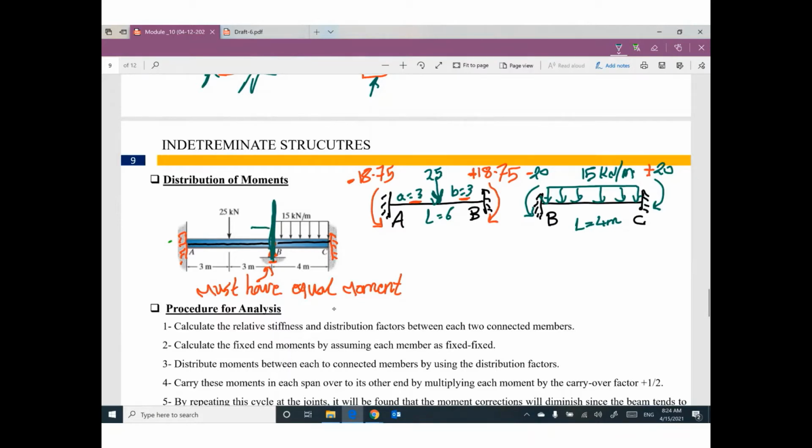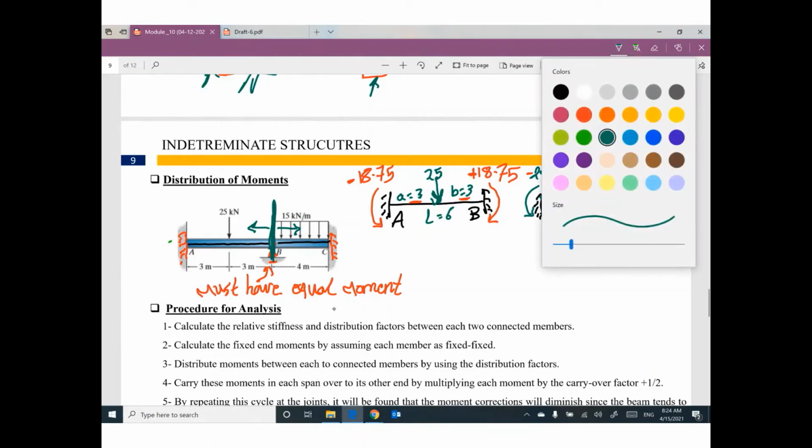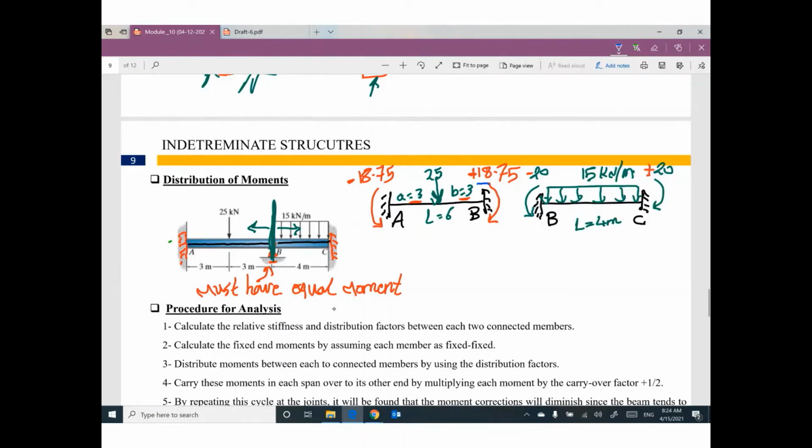From this side and from this side, we must have equal moment because it's one point. It doesn't make any sense, because right now we have positive 18.75 related to this side and negative 20 related to this side. Both of them must equal 20 or 18.75 or something in between.